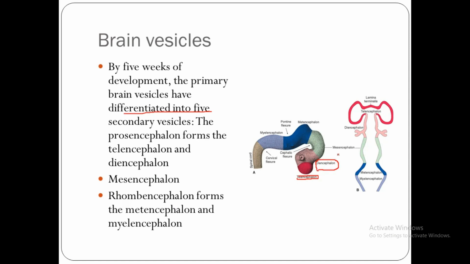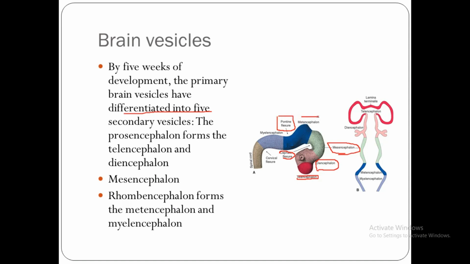The mesencephalon is the midbrain, and here one deep flexure is the cephalic flexure that appears in the midbrain. Now in between metencephalon and diencephalon, one more flexure is appearing here. This flexure is now known as pontine flexure.